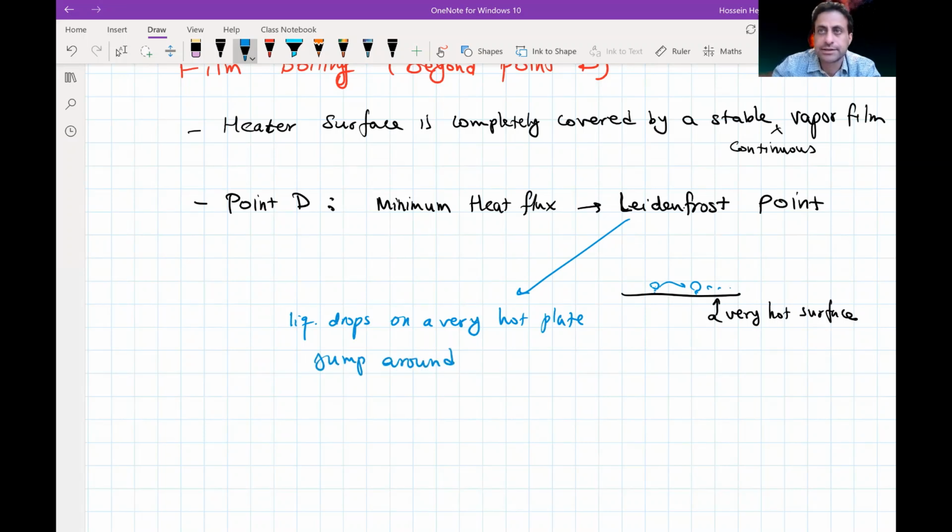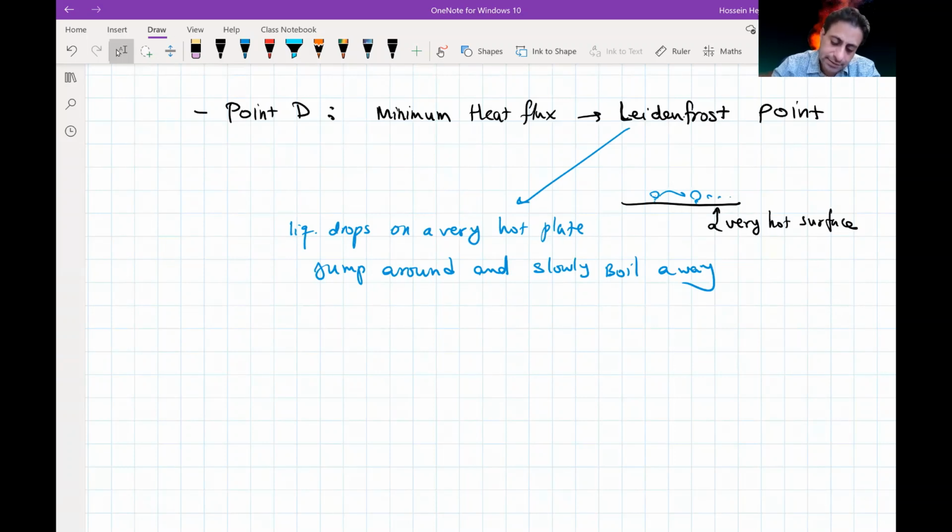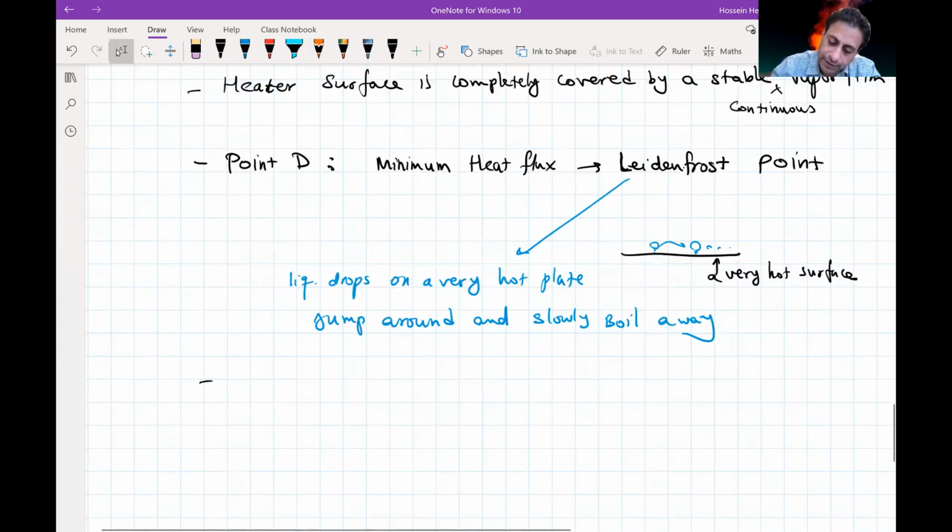They don't really wet the surface, they just slowly boil away. So that's the minimum heat flux that we have at point D, and this vapor film that is forming.